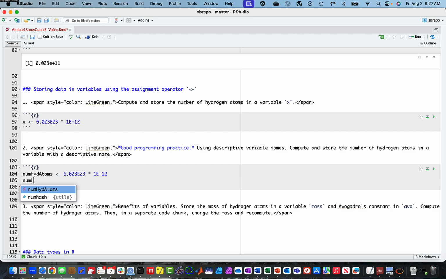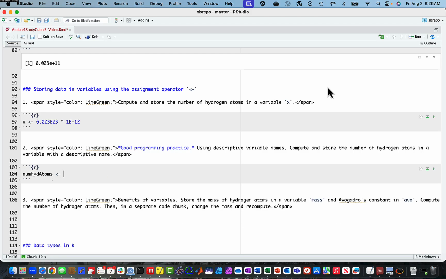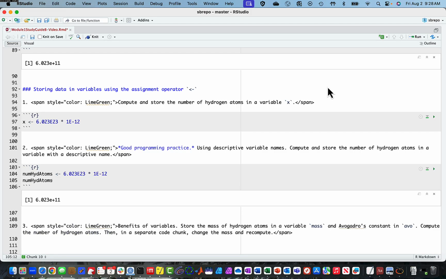So when I start typing out the name, R is already showing me the variables or functions that match the first couple of letters that I've typed, and I can use tab to complete it. Now when I run this code chunk, it will echo back because the second statement, where I just type in the name of the variable and run it, echoes back the value stored in that variable.